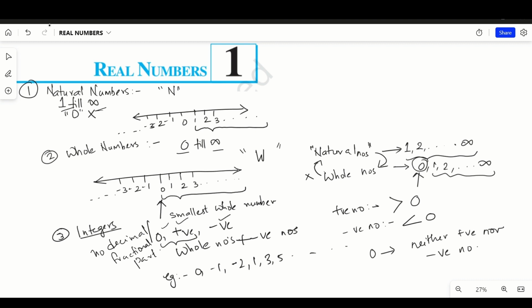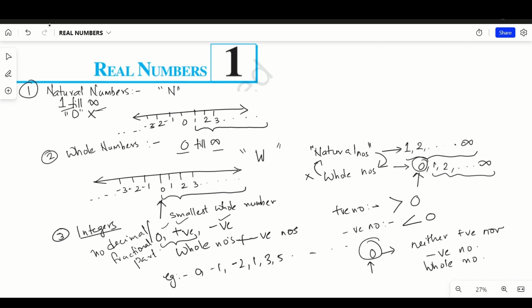It is called a whole number. It doesn't fall under a positive number or a negative number. So it is neither a positive number nor a negative number. It is called a whole number.